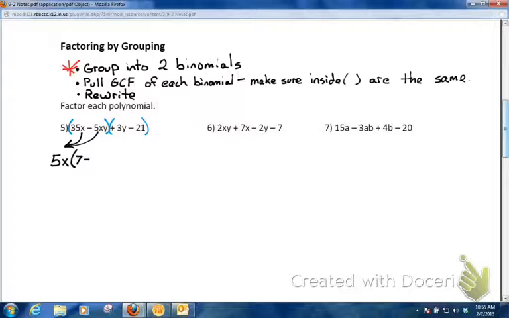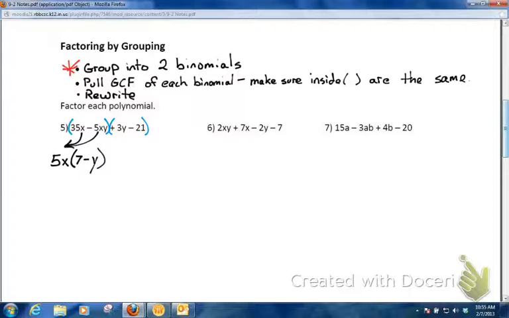And then minus 1: negative 5 divided by 5 is negative 1. The x came out, but the y stays, so you just have the negative 1y, or just negative y. So 7 minus y is left over.